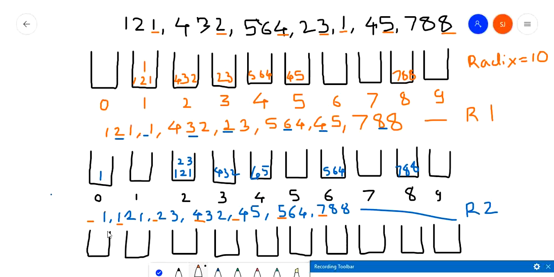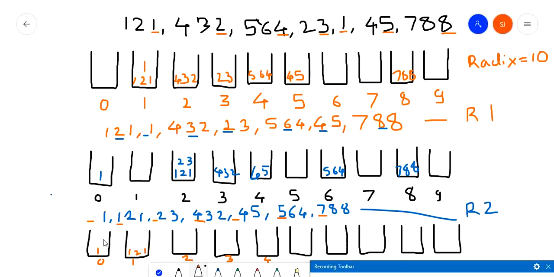Now for the first number, the 100s digit is not present. As the 100s digit is not present, we consider it as 0, so place the number here itself. For 121, the 100s digit is 1, so keep the number here itself.